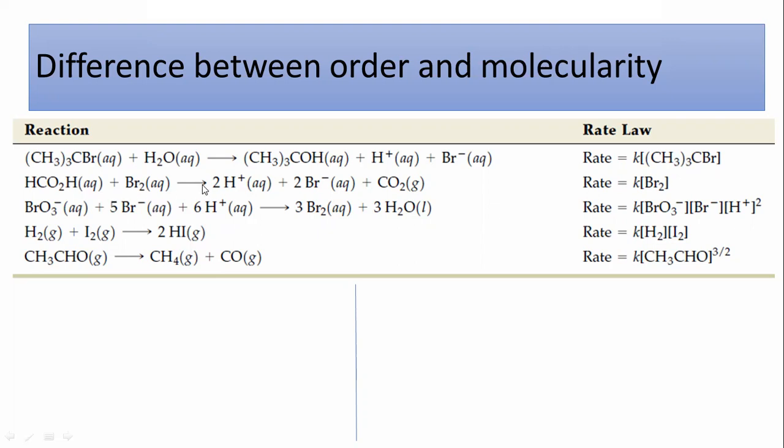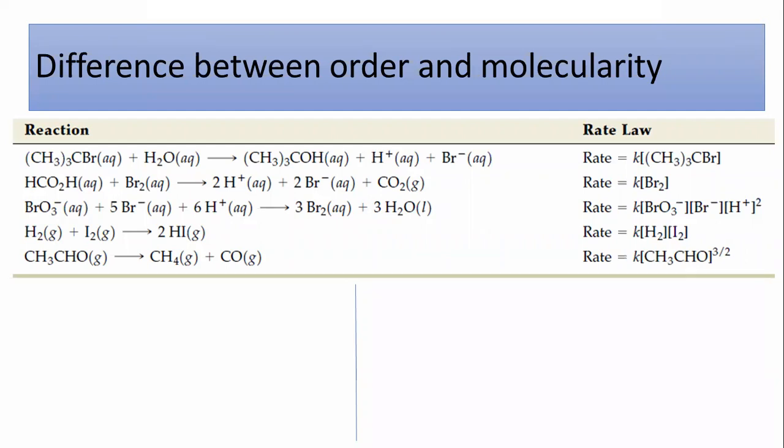Then you can define the molecularity by looking at the number of the reacting molecules. In the first case, if it is an elementary reaction, then it is one molecule of this and one molecule of this. So molecularity is 2, however, the order is 1. This is just the revision of what we have discussed in our previous lecture.